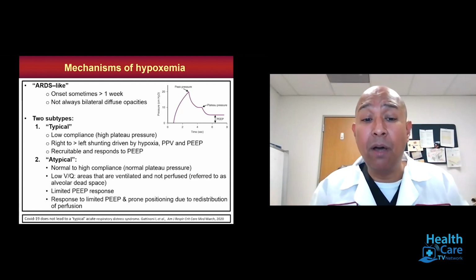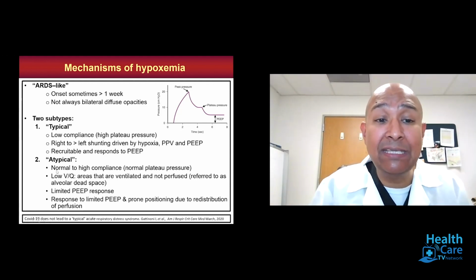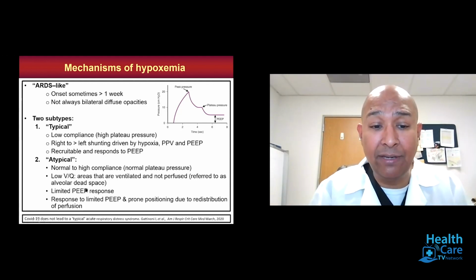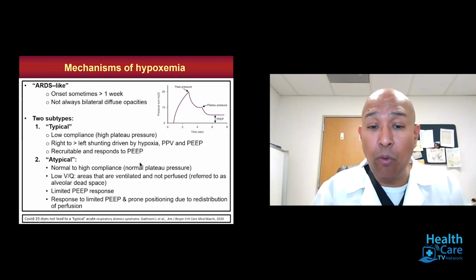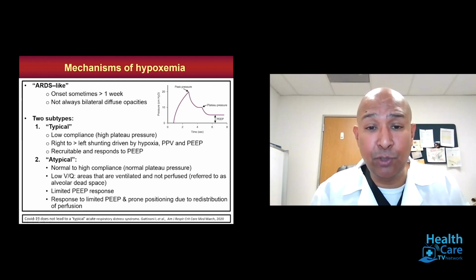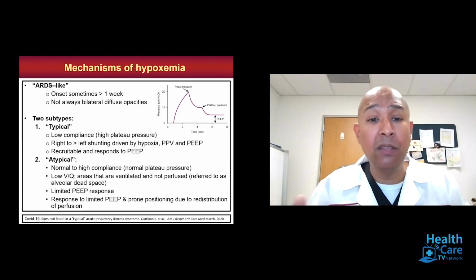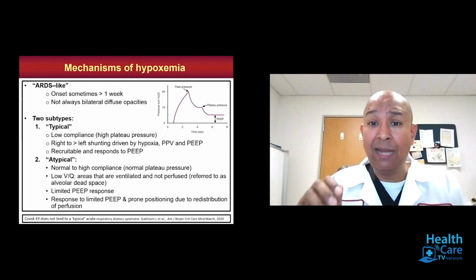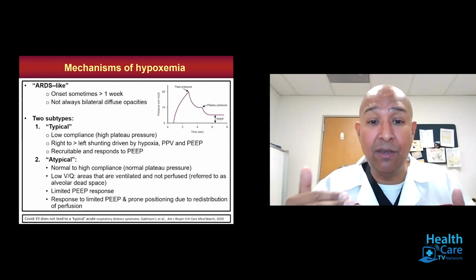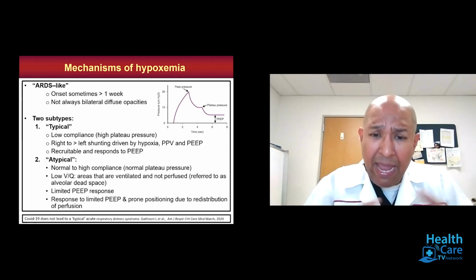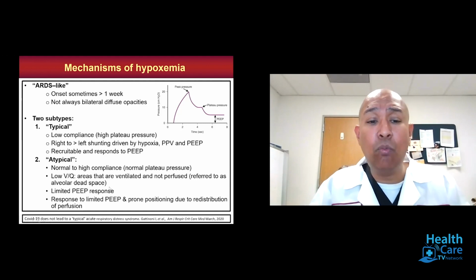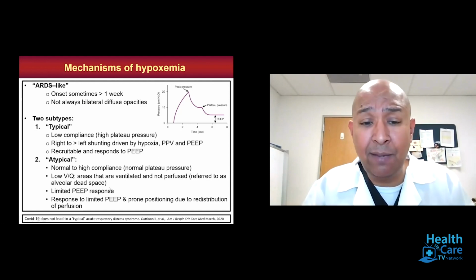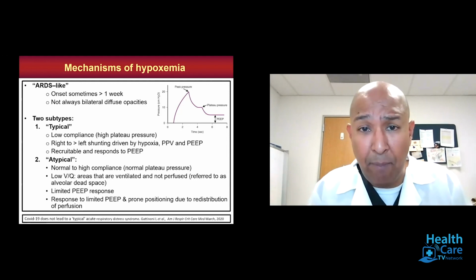So based upon this, we've noticed that these individuals with atypical ARDS have a very limited PEEP response. Going back to here, positive end-expiratory pressure is a button on the ventilator that you can turn up. It is like a valve that closes at the end of expiration, and it keeps alveoli distended. But what we've been noticing is that when you crank up the PEEP, it really doesn't improve their hypoxia.